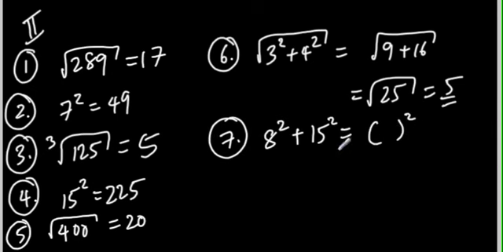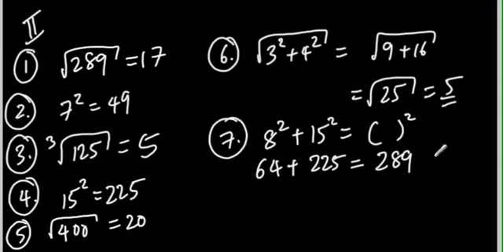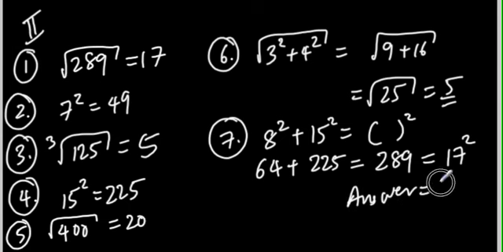So we've got to find that something. So 8 squared is 64, and 15 squared is 225, which if you add these together, you'll get 289, and we know that 289 is basically 17 squared. So that's something, so the answer is equal to 17.